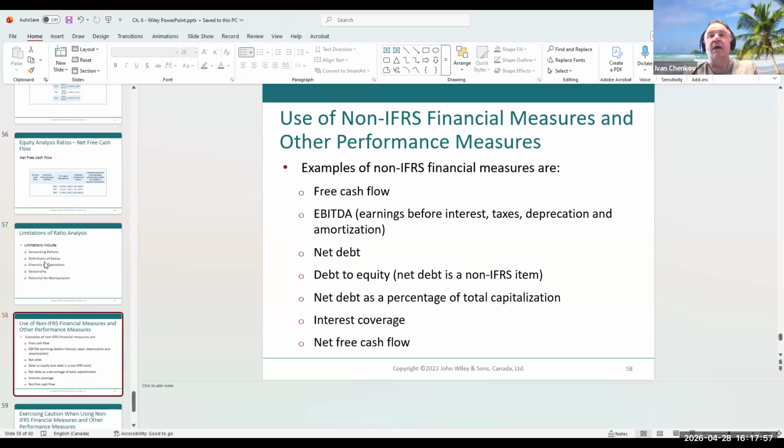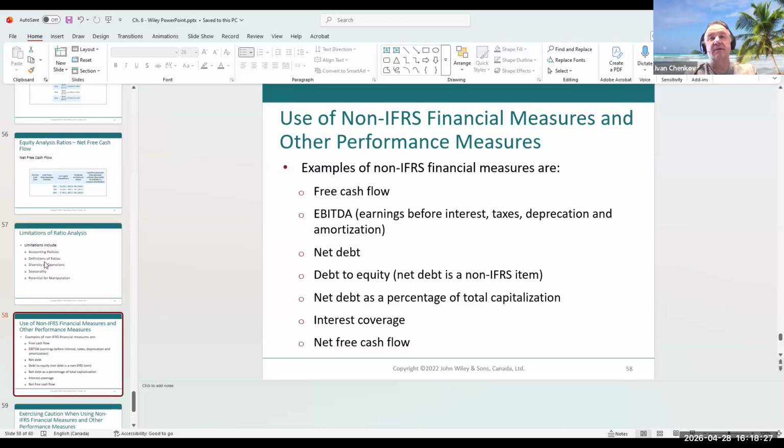Now, what else do we have to look at if we have to do financial analysis, and what I want you to see is the free cash flow. Does the company have cash? Because the company may issue shares just because they don't have cash. Earnings before interest, taxes, depreciation, and amortization is another thing that I want you to look for. Net debt.